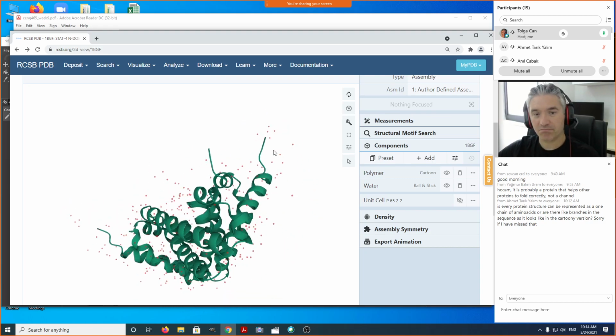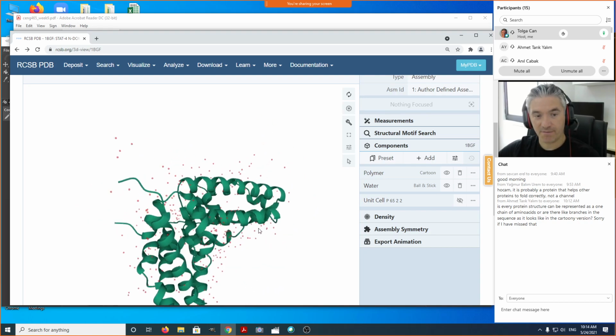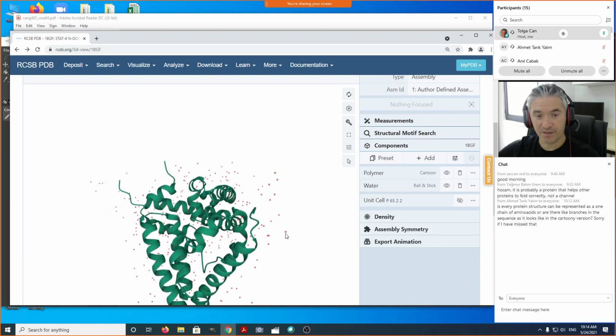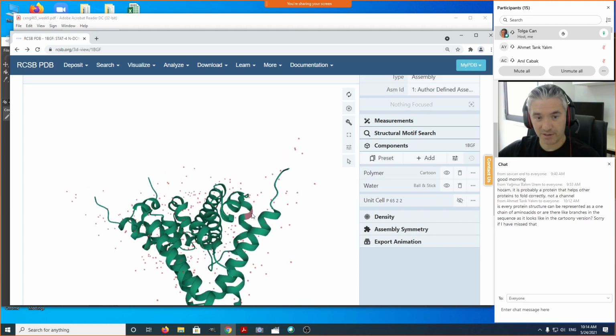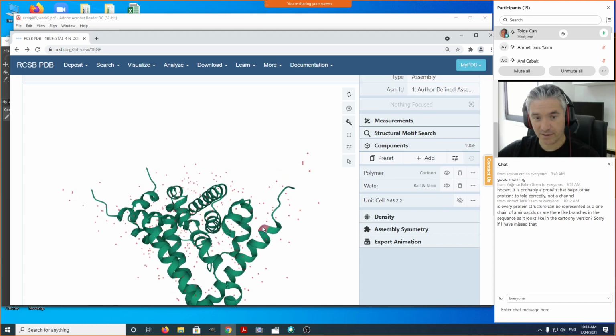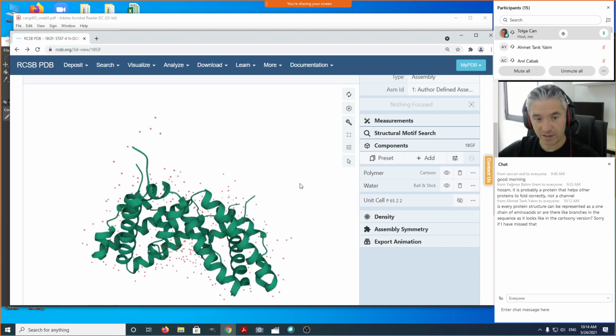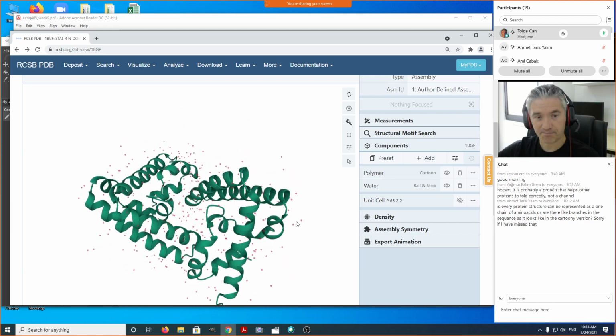In 3D space, as you can see, parts that are very far away from each other in the sequence, for example this amino acid and this amino acid, one at the end and the other at the beginning, are close to each other in 3D space. So when it folds, these interactions, we see them.